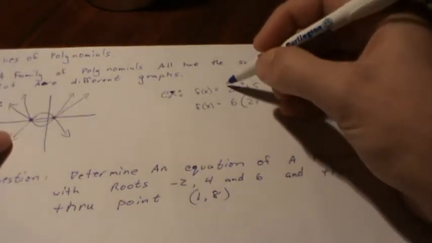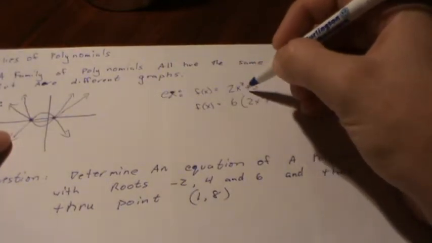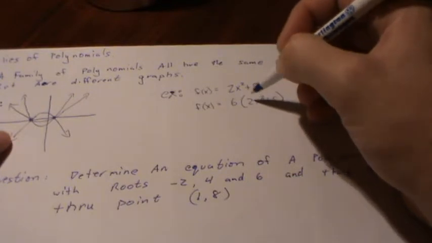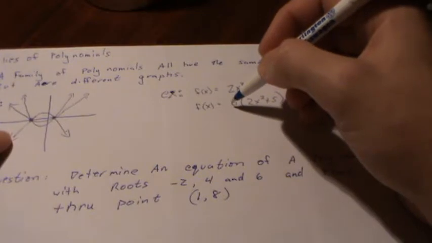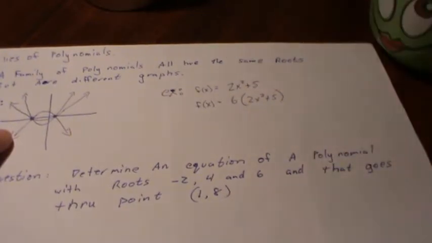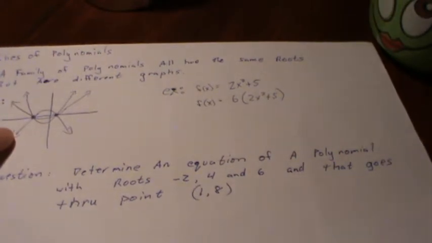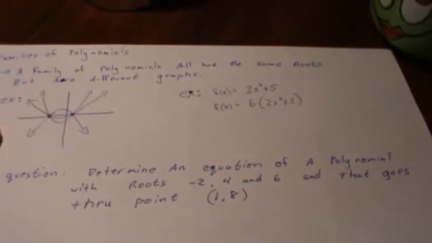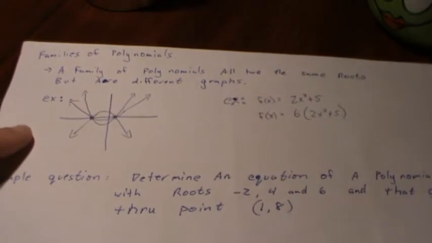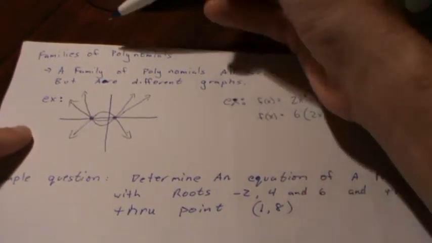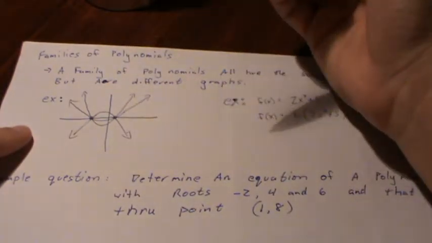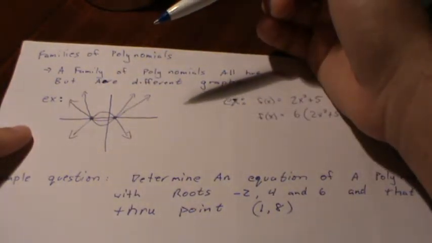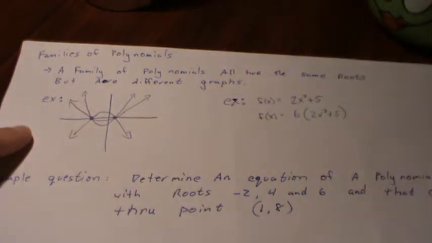Basically, all it is you take the original function, place it in here, multiply it by a different number, and you're going to produce another member of the family of polynomials. And so that's kind of the idea. It's just a vocabulary word, more or less. Family of polynomials. And so that's kind of the idea behind that.